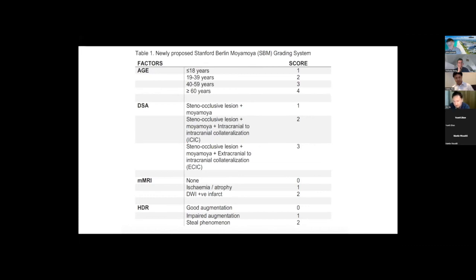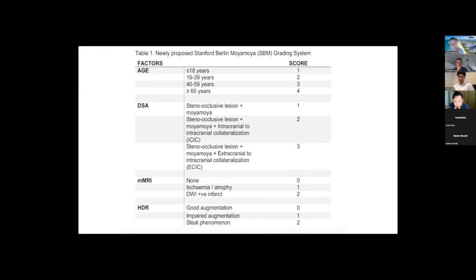This means the cortex already has some hypoxia, and this ECIC spontaneous collateralization actually means the greater potential to form spontaneous stoma after EDMS, after the indirect procedures.